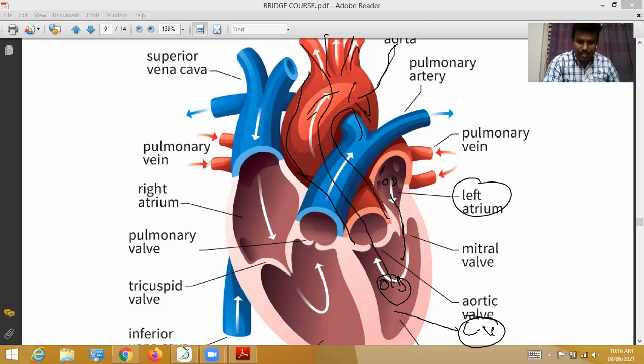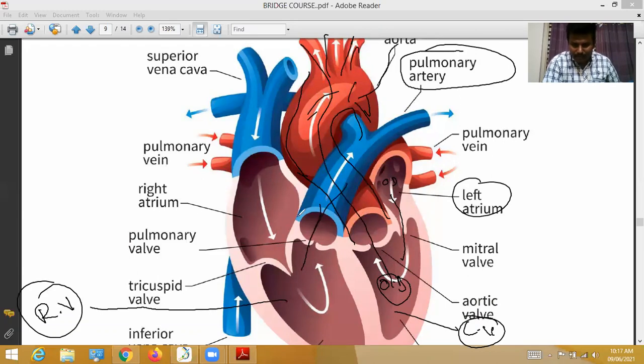Next, the other aorta is called the pulmonary artery. Here it is given the name pulmonary artery. The pulmonary artery originates from the right ventricle. From here up to here is the right ventricle.